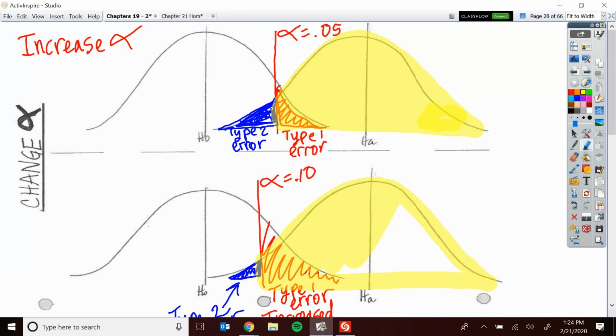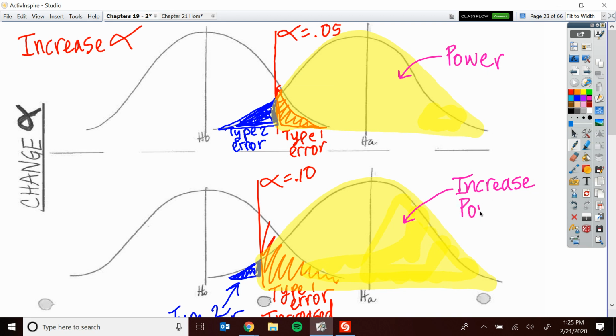To reject the null if it's false indeed. Good. Power is the probability to reject the null. To reject the null if it's false indeed. There you go. So what happens to power as alpha increases? Power increases.